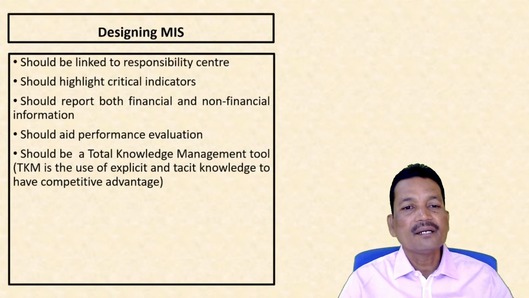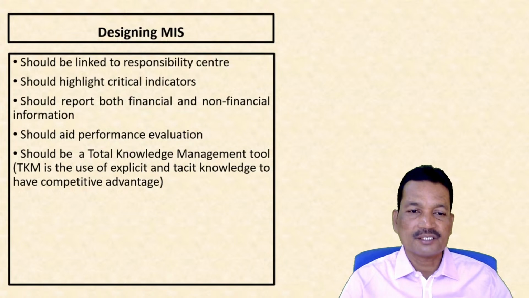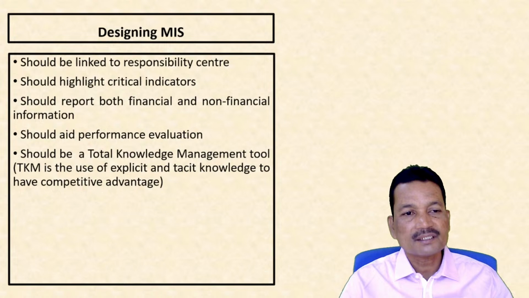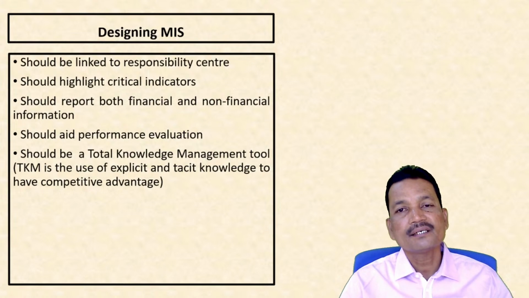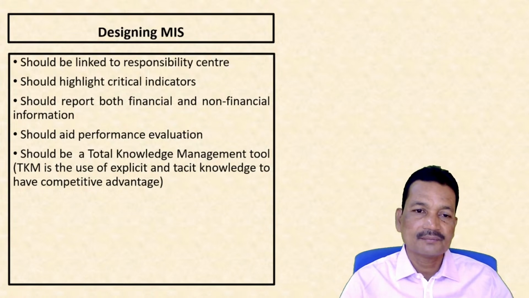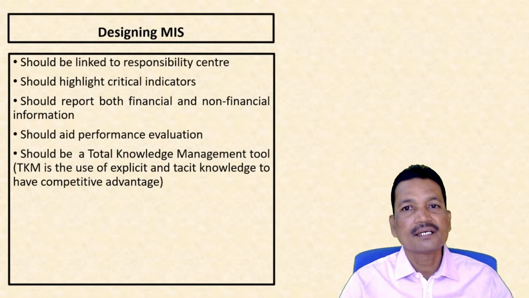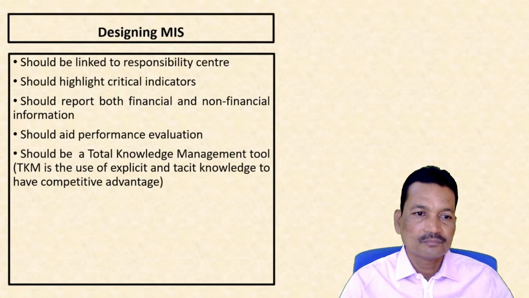It should aid performance evaluation. When we are talking of performance evaluation, we are matching the actual task undertaken with the planned task. So that will tell us how much we have actually performed.